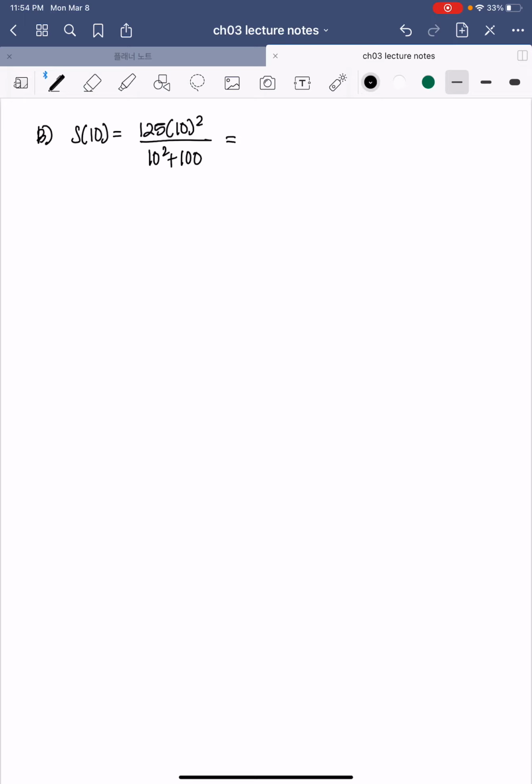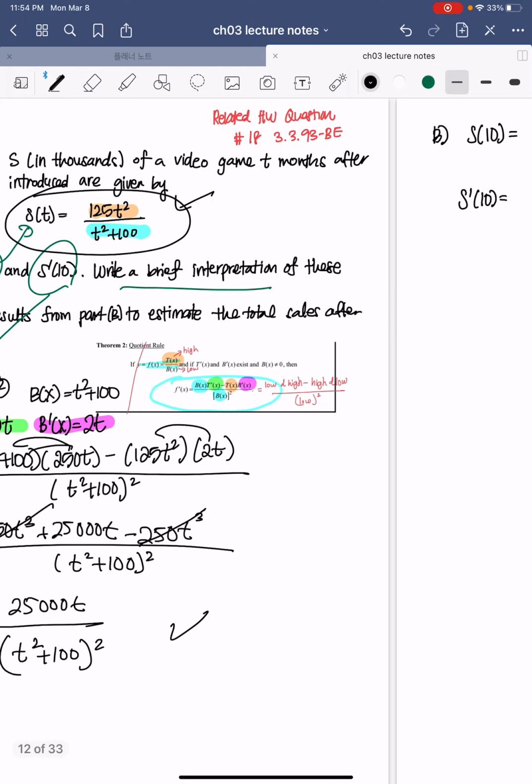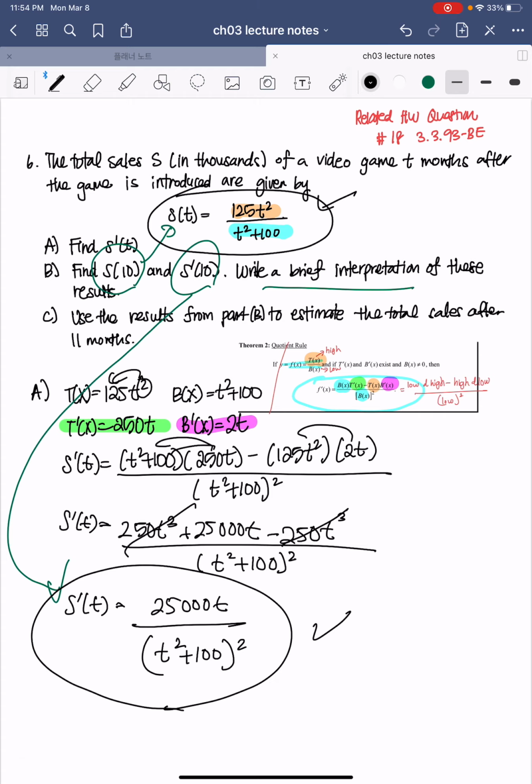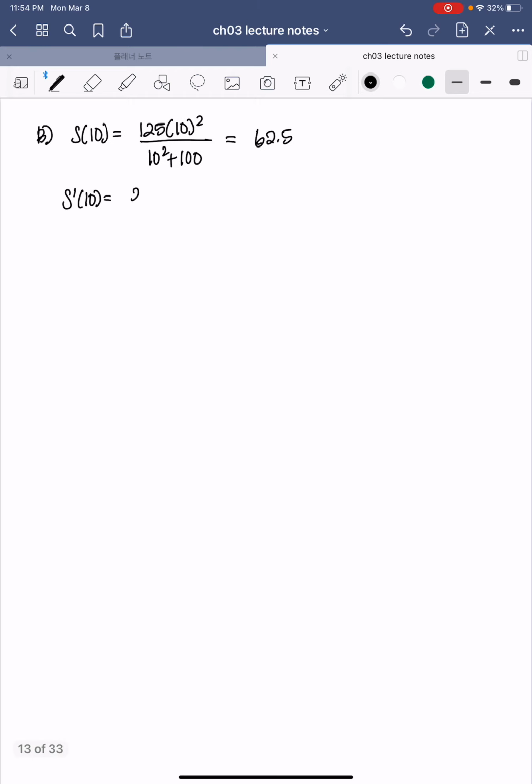So I get the whole thing as 62.5. S prime of 10, I'm going to plug it into this function here, and for t, I'm using 10. So 25,000 times 10 divided by 10 squared plus 100 squared, which is 6.25. So what does this mean?